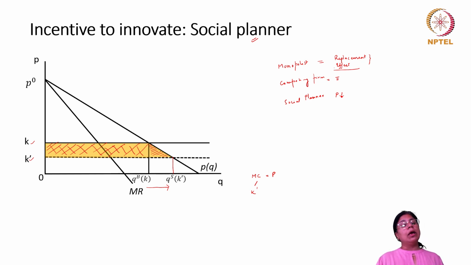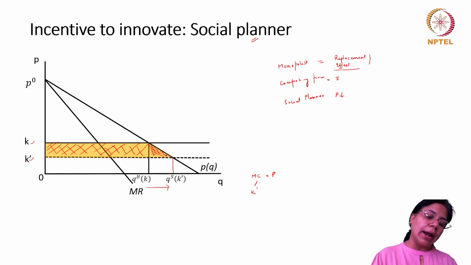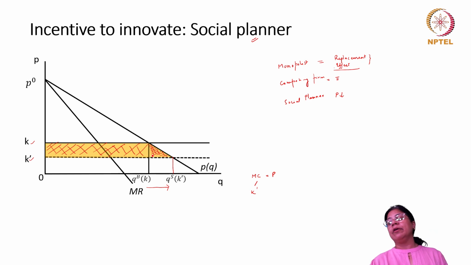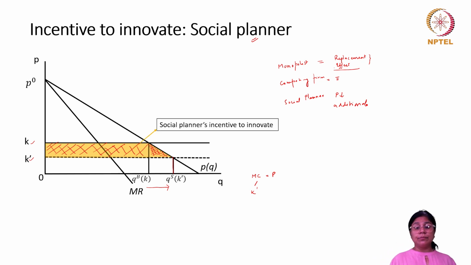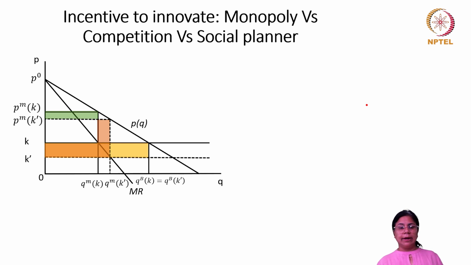Those additional units are now available to consumers who earlier did not have access to this kind of product because they were not able to buy them. As a result, this triangle adds an additional benefit for the social planner to support, incentivize, and maybe subsidize innovation. So those were the points I have just highlighted.